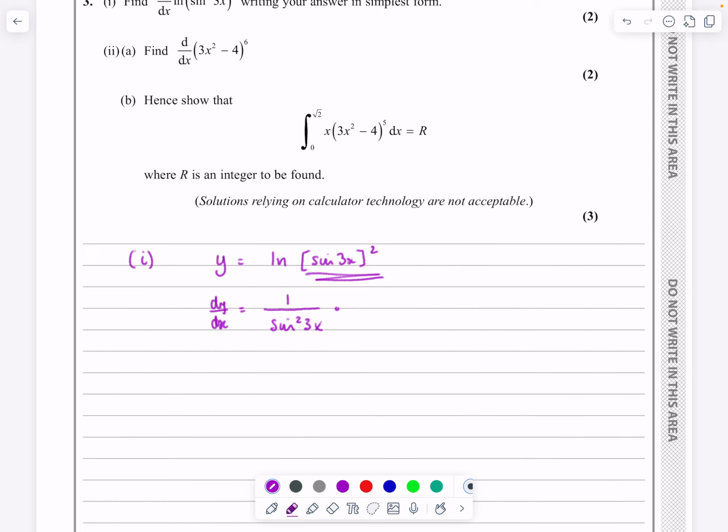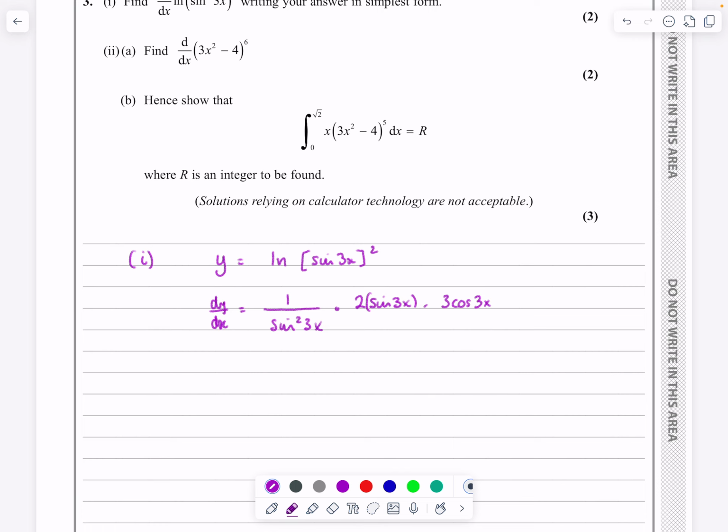The differential of something squared is 2 lots of the something multiplied by the differential of what's in there. And the differential of sine 3x is 3 cos 3x.